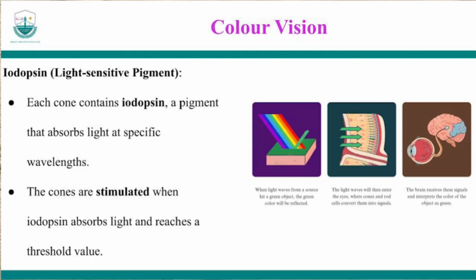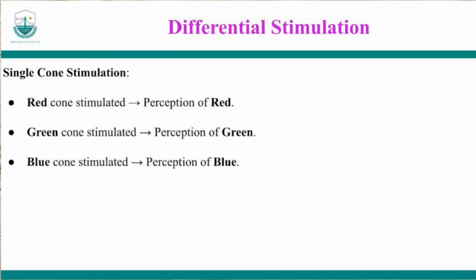So let us see. If the red cones are stimulated, what we shall perceive in the brain is that the object is red. If it is green cones being stimulated, the object is green. That's what we shall perceive. And if it is blue cones being stimulated, then you'll have the perception of blue.